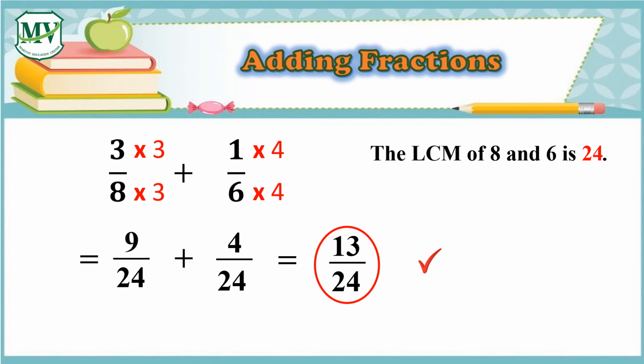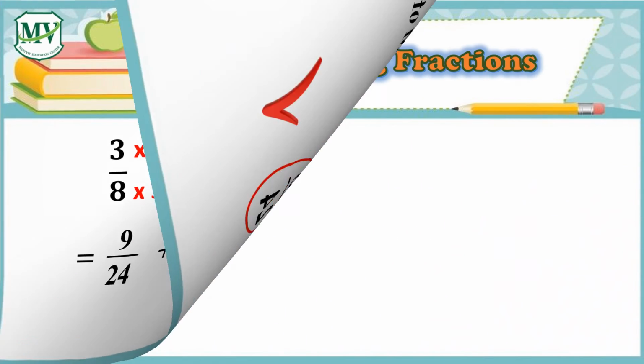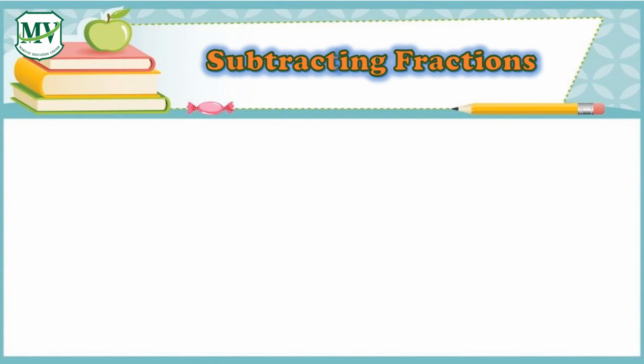Let's learn another one. Here's another example. We have 5 over 6 minus 1 over 4. Subtracting fractions with unlike denominators works the same way.